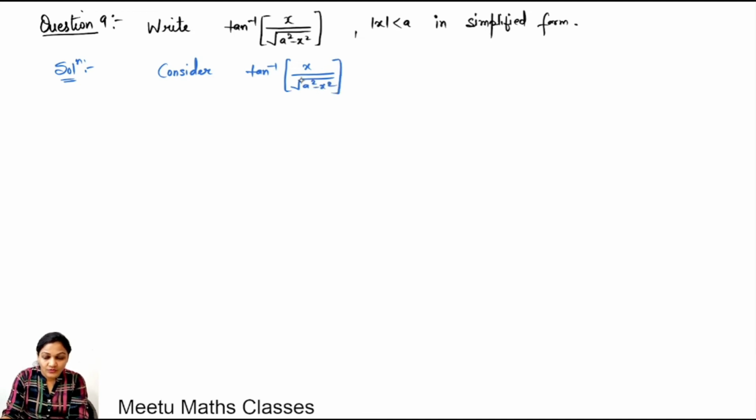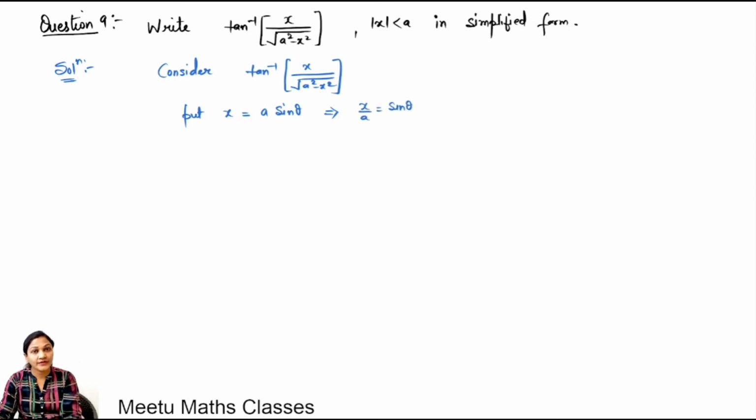Now to simplify square root of a square minus x square, we can substitute x is equal to a sin theta. And that implies that x upon a is equal to sin theta.